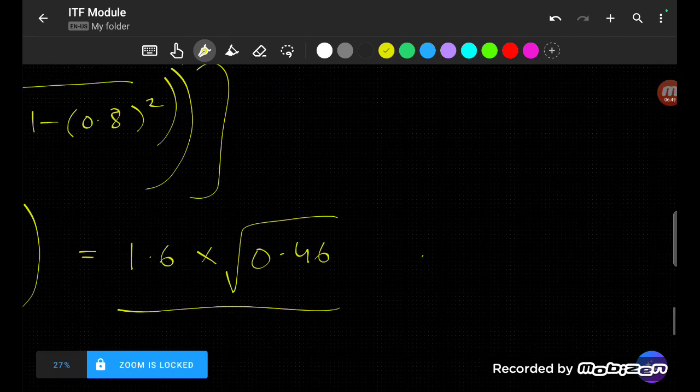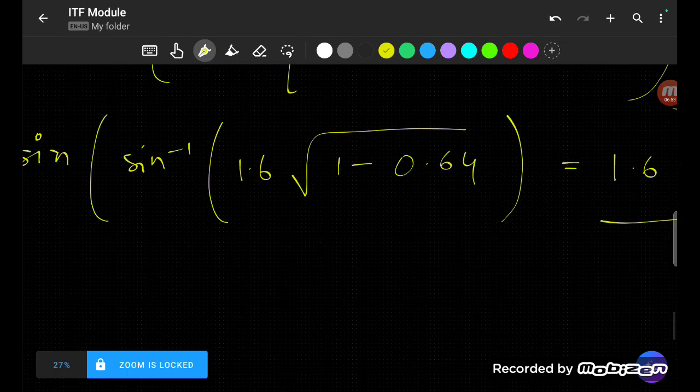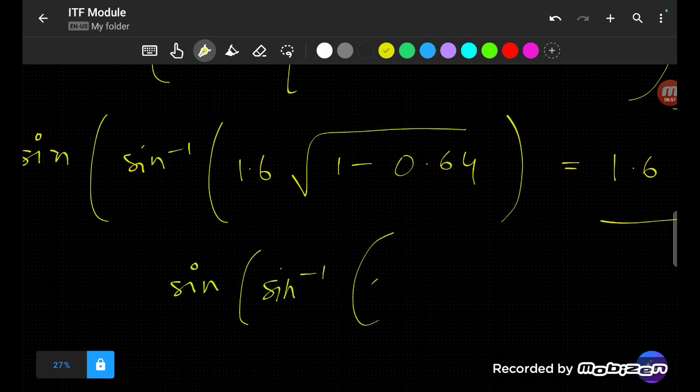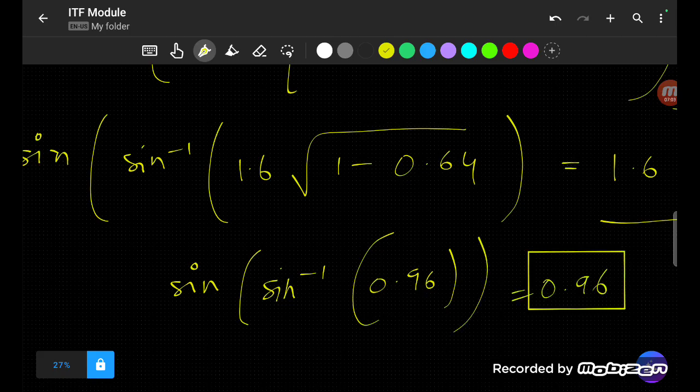So if you actually solve this, you get this as 0.96. Just do it in the calculator. You get sine of sine inverse 0.96. So the answer is 0.96. That's clever. I didn't think I had to use this formula.